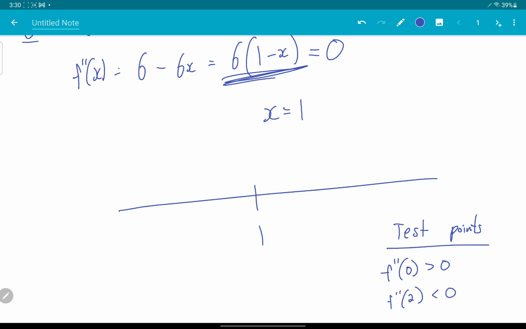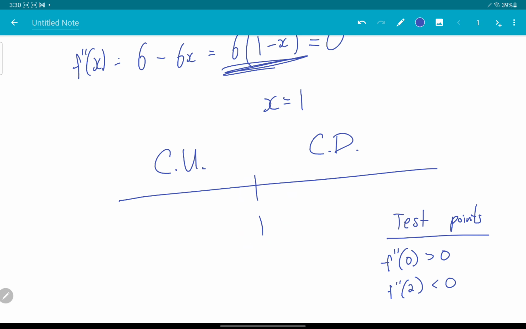So all this tells me that I have concave up here and concave down after x equals 1. The inflection point is x equals 1.